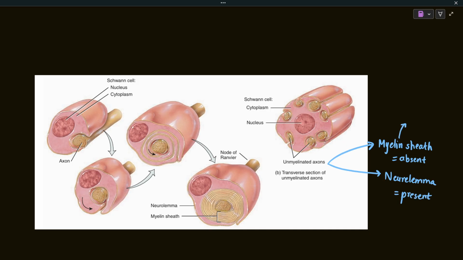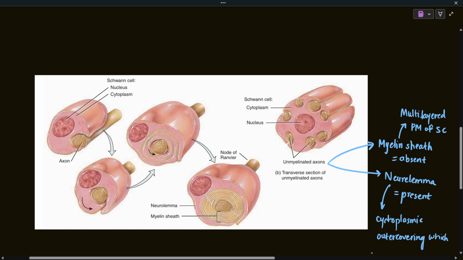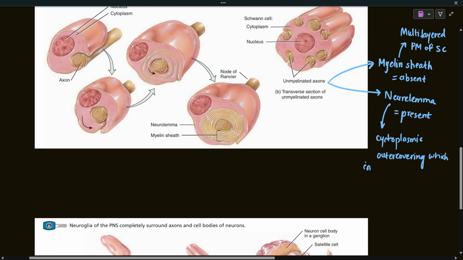So what is myelin sheath? Myelin sheath is the multi-layered structure. It is the multi-layered plasma membrane of the Schwann cell, while neurolemma is the cytoplasmic outer covering, which even includes the nucleus of the Schwann cell.